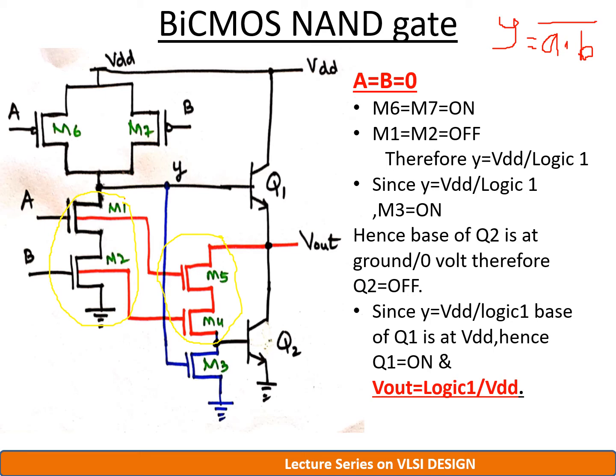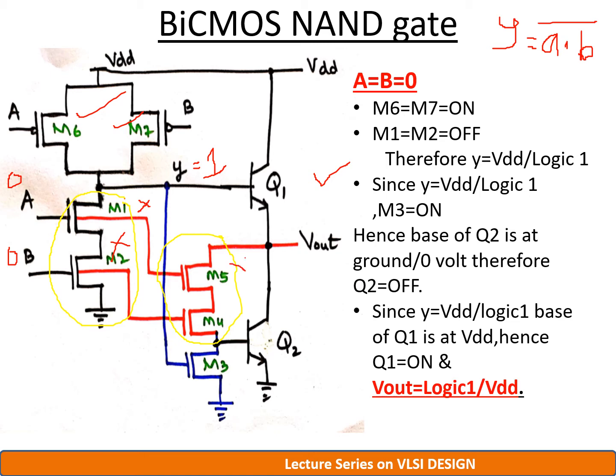So when A is 0, B is 0, both PMOSs will be in on state, both NMOSs will be in off state. Since these PMOSs are on, the Y value will be logic 1 or VDD. So VDD is supplied to the base of Q1, hence the Q1 transistor will be in on state. And these M5 and M4 are connected to A and B inputs, which are 0.